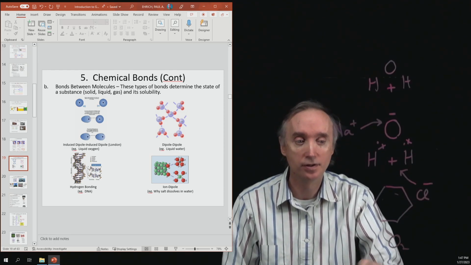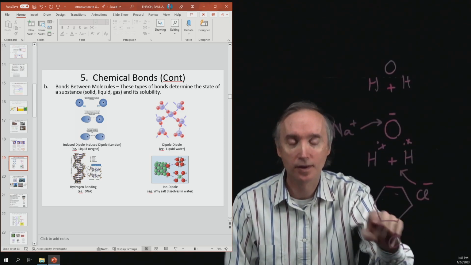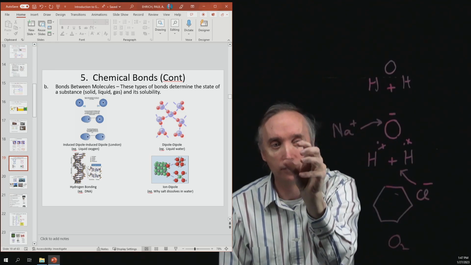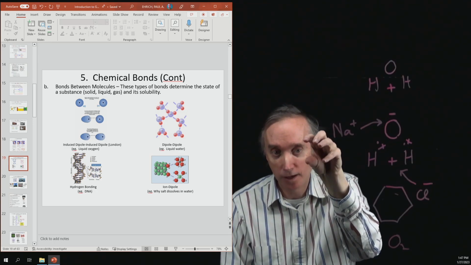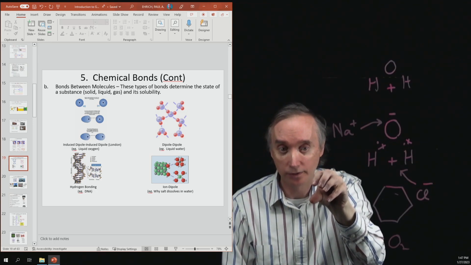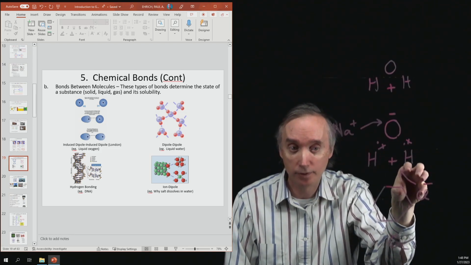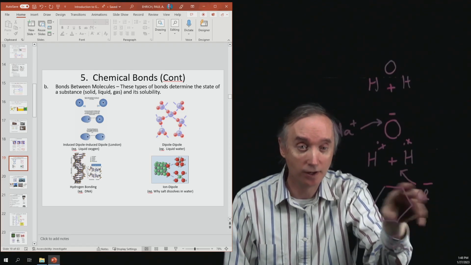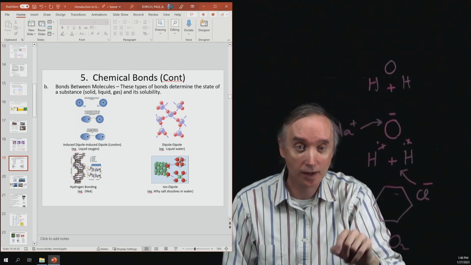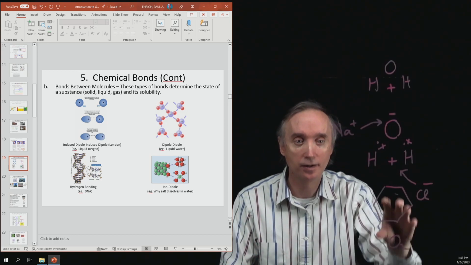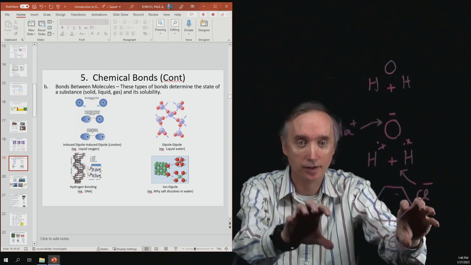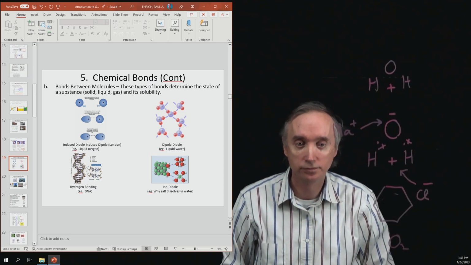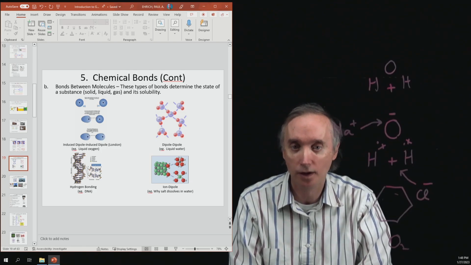That's because these oxygens are kind of vibrating back and forth, and so for just a split second one end of the two oxygens can become positive and the other can be negative, but then a split second later it reverses itself. If you've got for a split second a positive end over here and a negative end over here, those two oxygens can glue together. And so that's how you can make liquid oxygen.